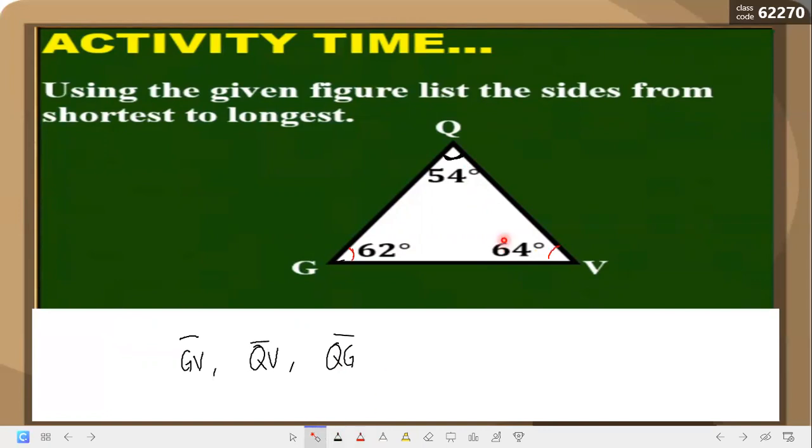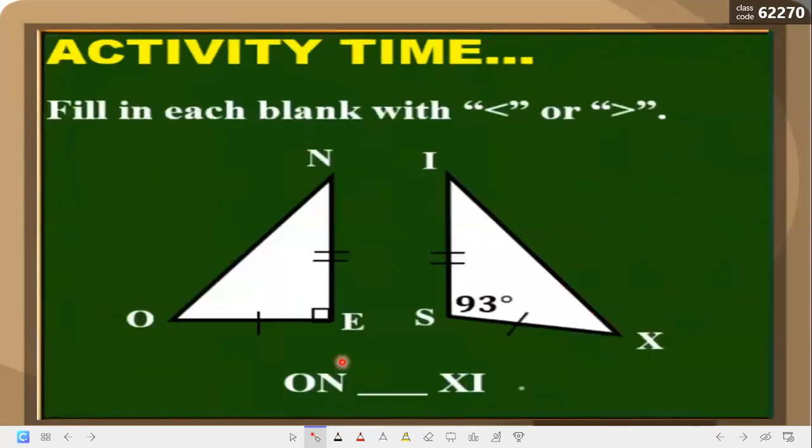So now let us identify the opposite sides. The opposite side of angle B is QG. But the instruction says list the sides from shortest to longest. So shortest first: the opposite side of Q is GB. Next is 62, whose opposite side is QB. Then last is the largest, which is QG. So it is now arranged.